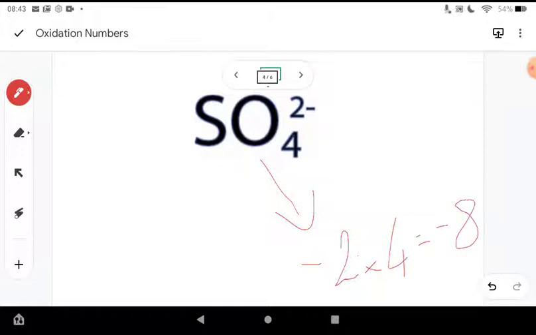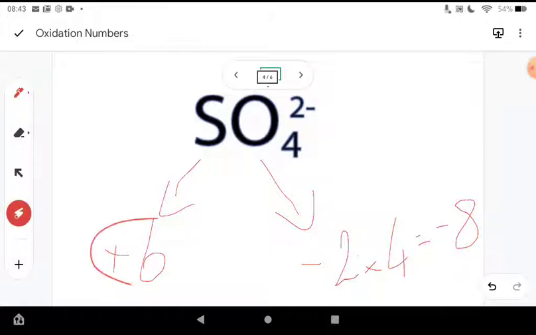Now, that might make you think that actually this is going to be +8. But people always forget about this bit. So in reality, you need a -2 left over. As a result, you're going to have +6. The oxidation number of the sulfur in this case is +6 because 6 minus 8 equals -2.